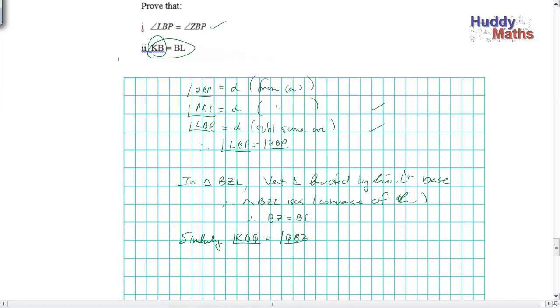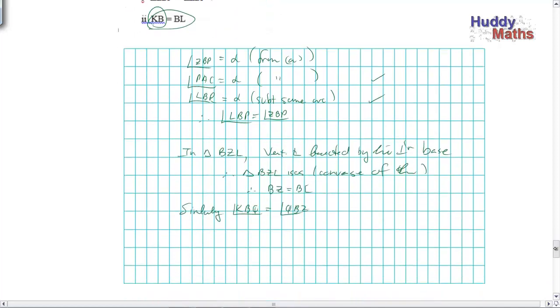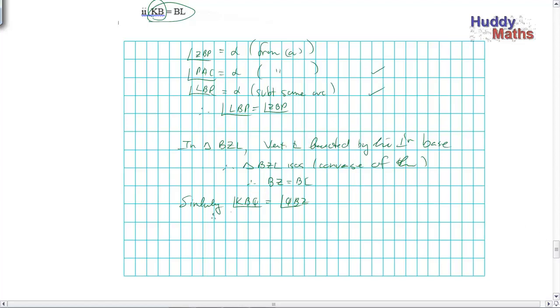Let's just look at that now. KBQ equals QBZ, those two are equal, and you've got the same theorem again. So therefore triangle KBZ is isosceles, converse of the median theorem.